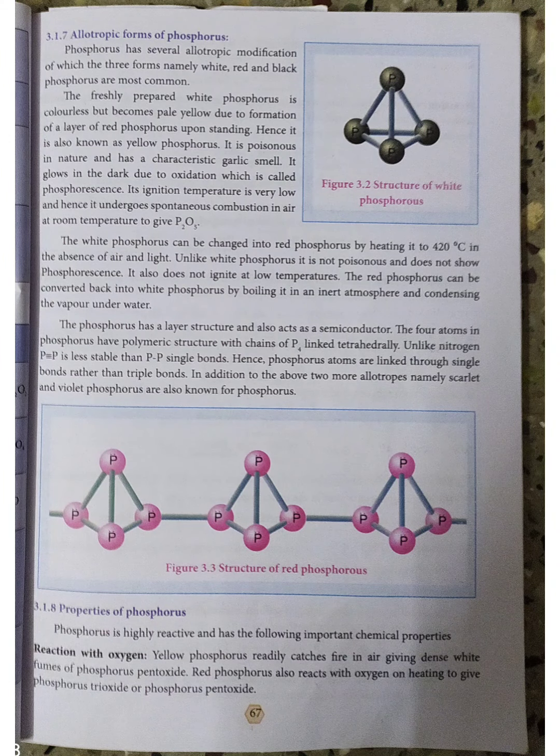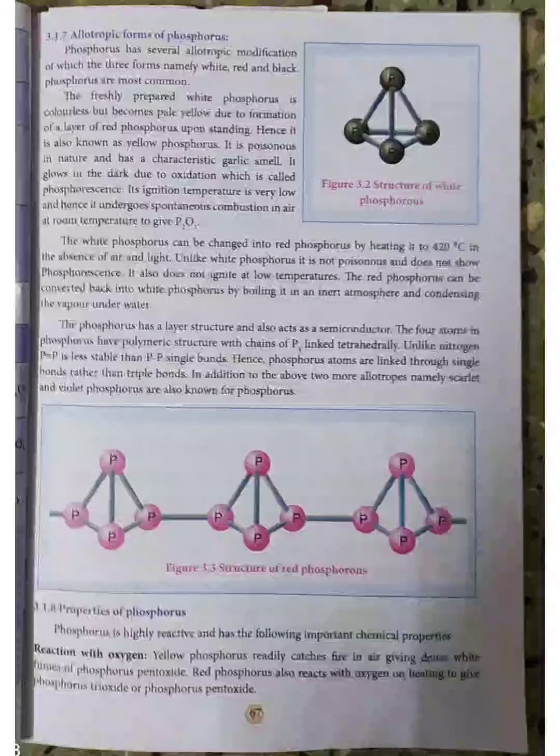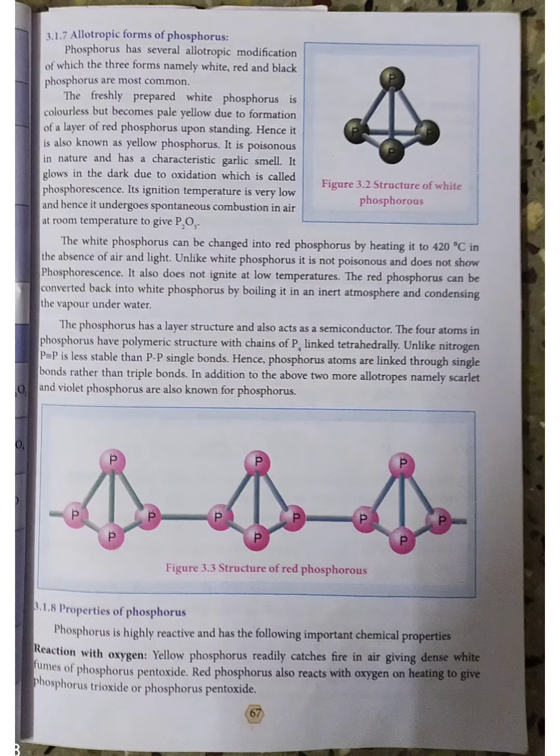Preparation of phosphine. Before this, under the phosphorus reactions, we have discussed the reaction of phosphorus with alkali. Same reaction only, as a method of preparation of phosphine. Phosphorus reacts with alkali, by the action of sodium hydroxide on white phosphorus in an inert atmosphere. What will be the product?